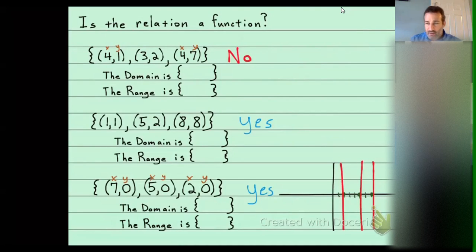So now let's talk about domain and range. We talked about this a little bit in Math 097 if you took that class. The domain is all of your x values. And then the range would be what? The y values. All of your y values.